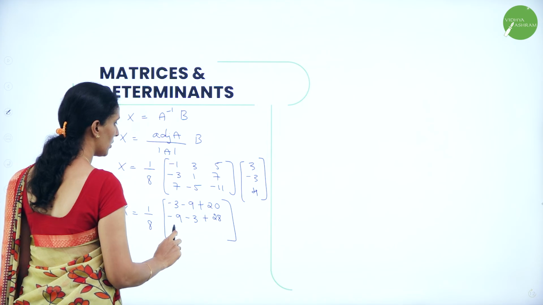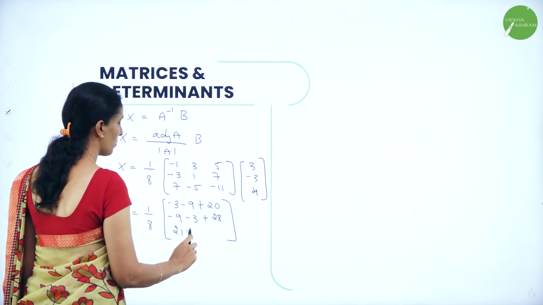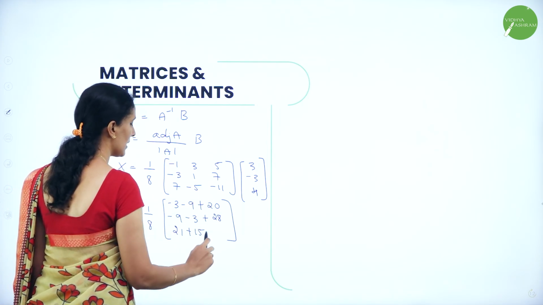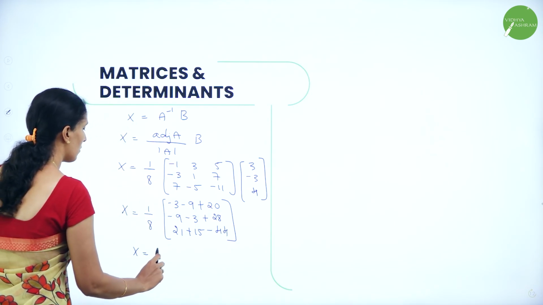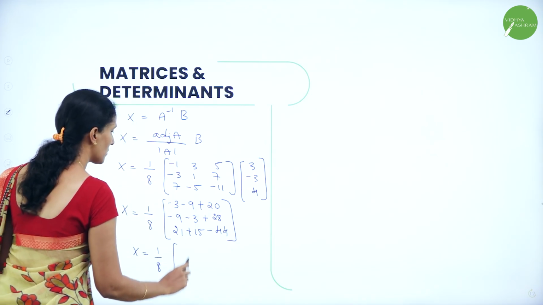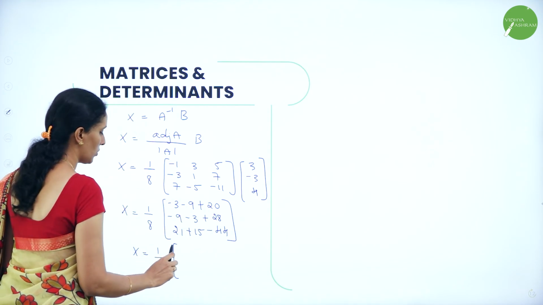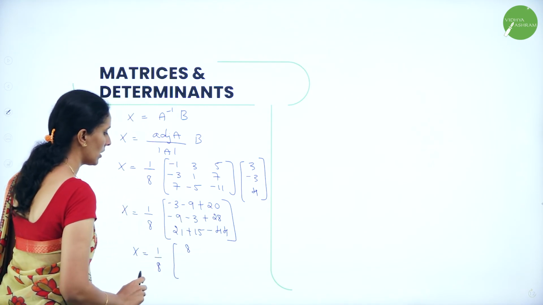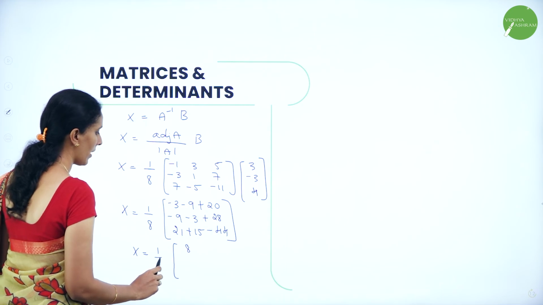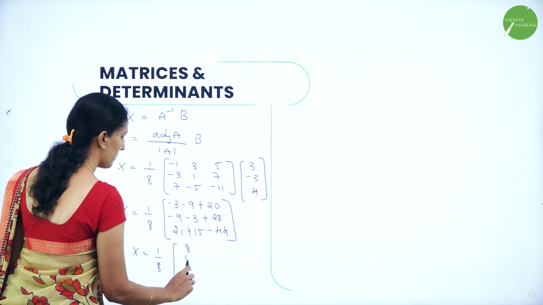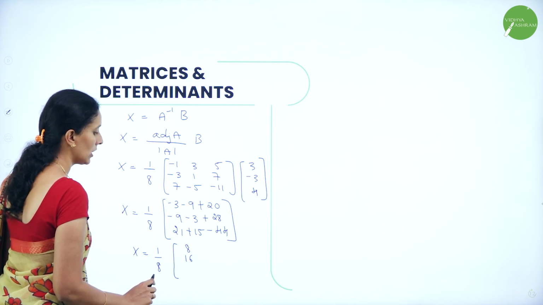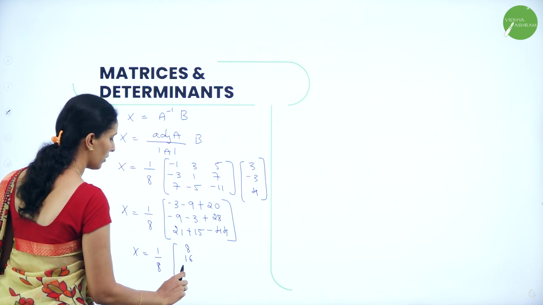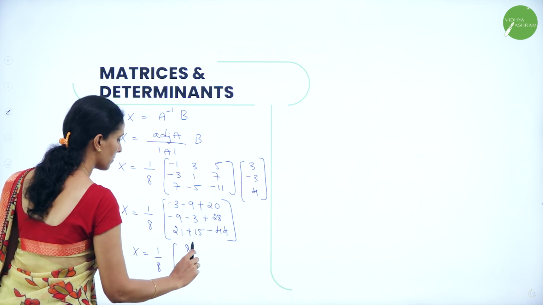Next 7 3s are 21. Minus into minus plus 15, minus 11 into 4 is 44. So therefore we get X is equal to 1 by 8. Here solving, we get it as 12 plus 20, we get it as 8, and 28 minus 9 minus 3 is 16. Next 21 plus 15, 36 minus 44, we get it as minus 8.